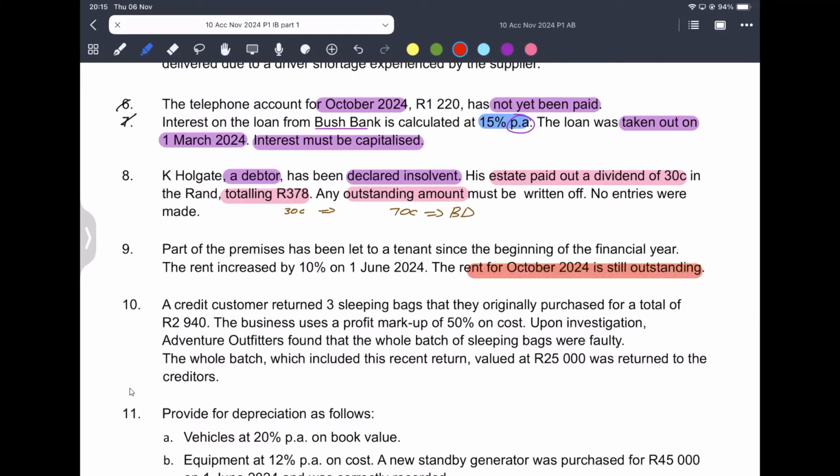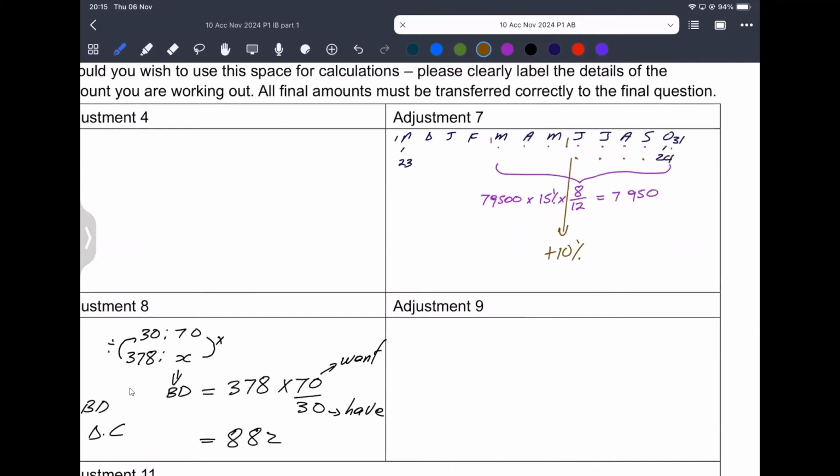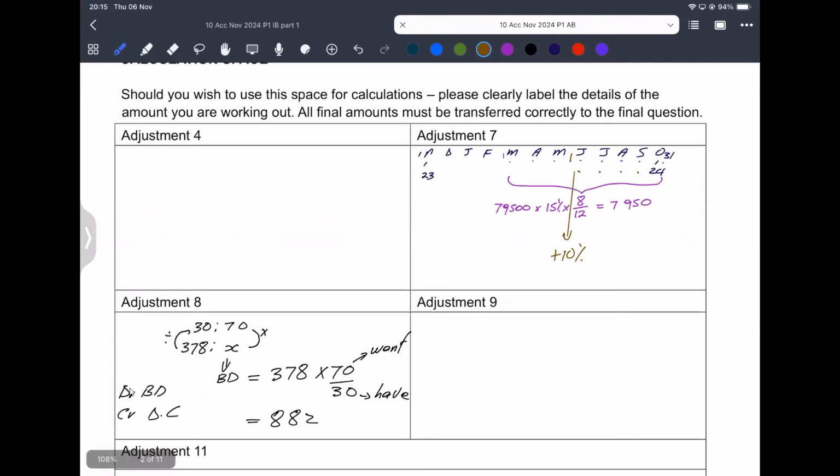Rent is income. Any income that is outstanding will be accrued income. We need to find out how much it is. So this rent was received only for 1, 2, 3, 4. It was not received for October, so I will not add October. I hope I'm making sense here.